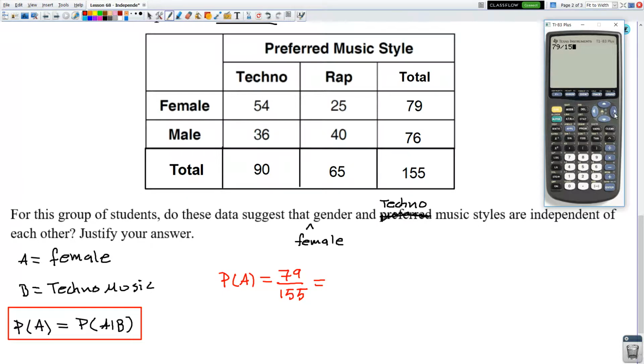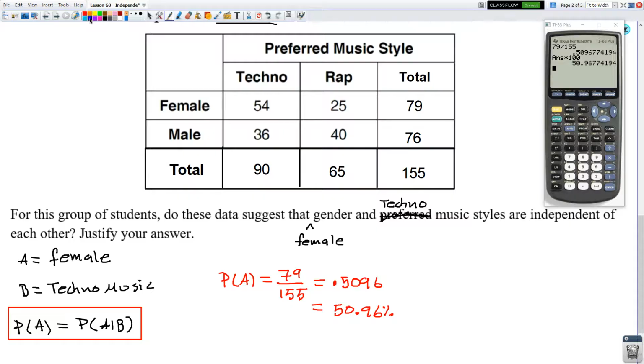Let me delete that, so that's 155. So we're going to have 0.5096. Let's multiply that by 100. So there is a 50.96% probability for us to be choosing a female.